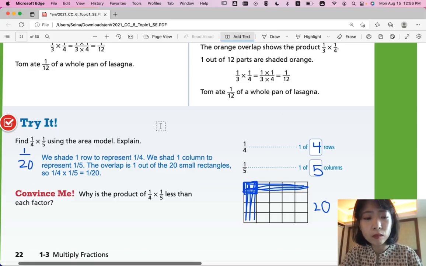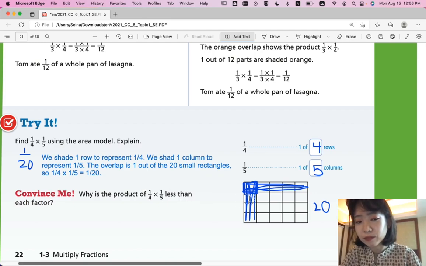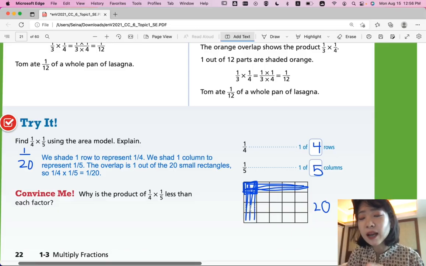Okay? So convince me. Why is the product of 1/4 times 1/5 less than each factor? Why is 1/20th less than 1/4 and 1/5? So, because we're finding 1/4 of 1/5 or 1/5 of 1/4, so we're dividing it further.